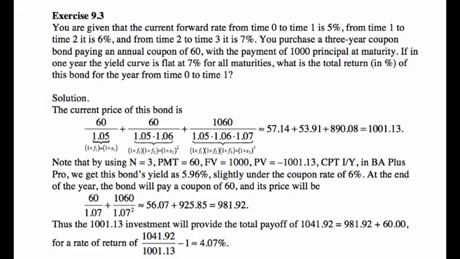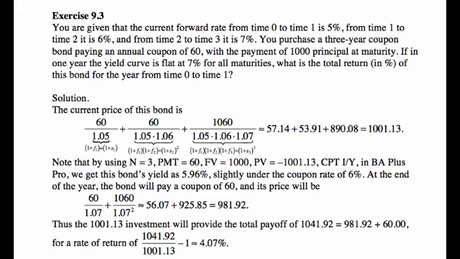So if the investor buys this bond at the beginning of the year, the price of the bond is 1,001.13. It's the payment to be made. And at the end of the year, that investor would get a $60 coupon plus $981.92 in the value of the bond, so a total of $1,041.92.